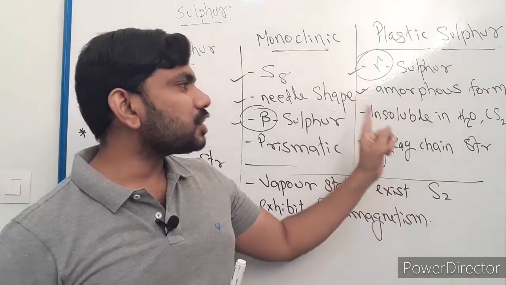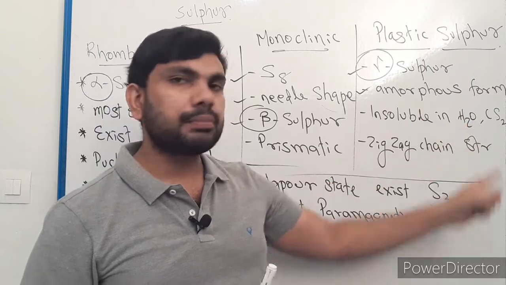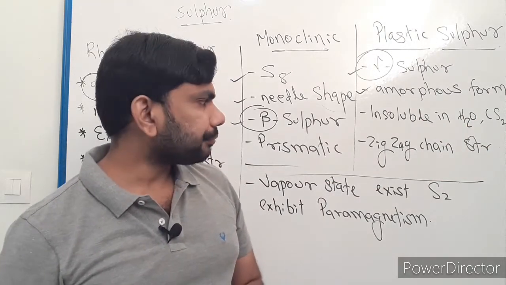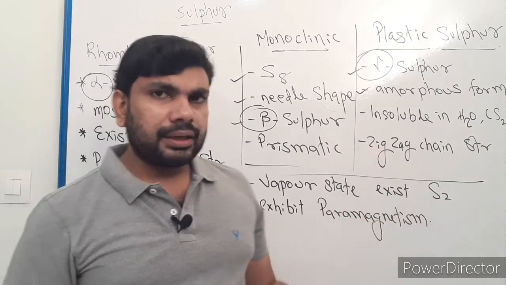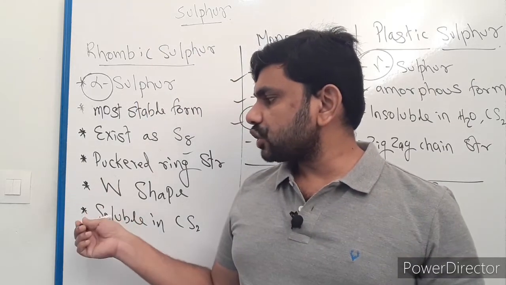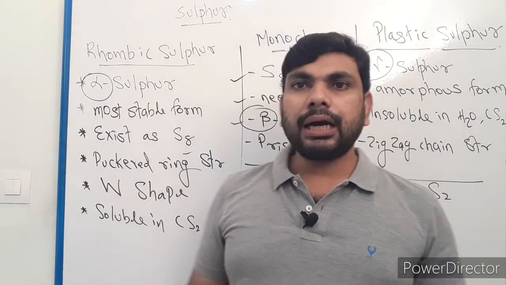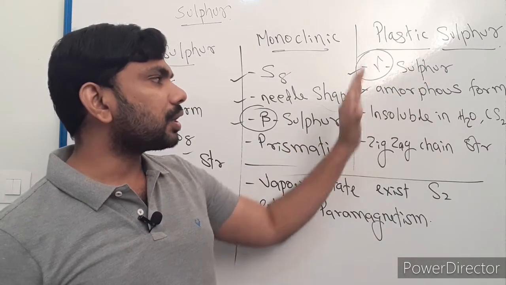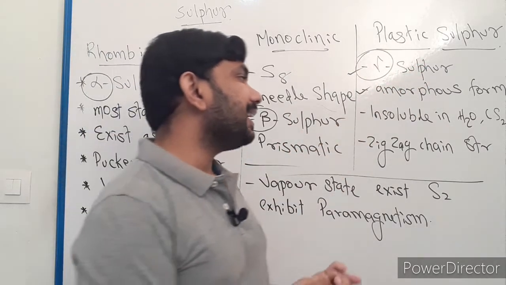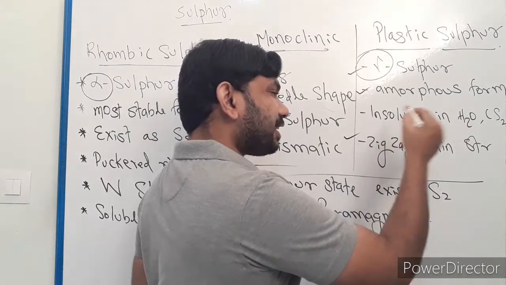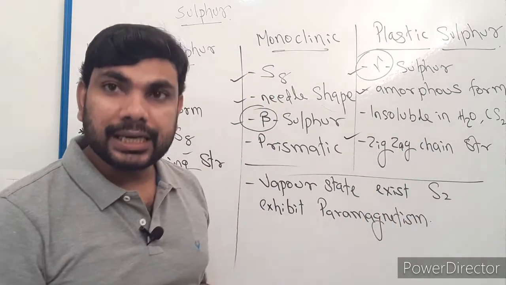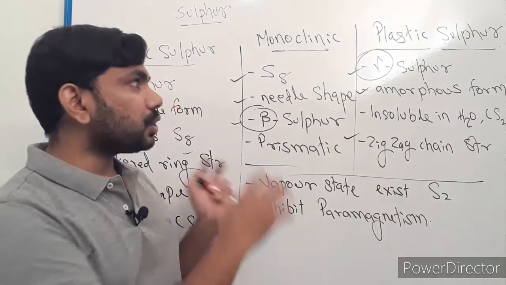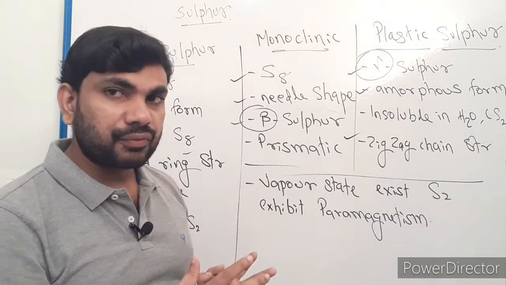Clear? Rhombic sulfur has a puckered ring structure or W, monoclinic has a needle shape, and plastic sulfur, or gamma sulfur, has a zigzag chain structure.